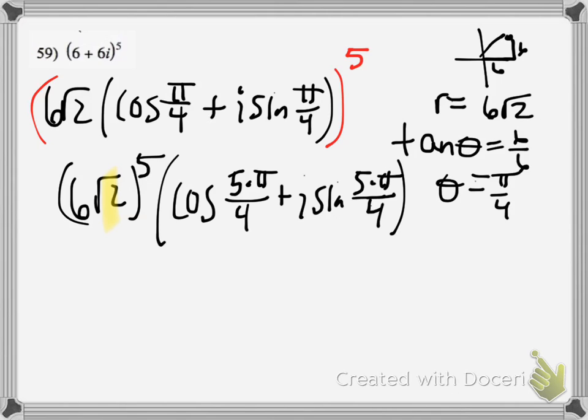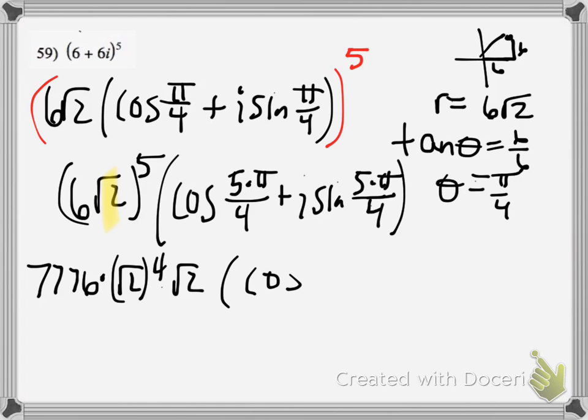And so what you do is you've got your 7776 times basically radical 2 to the fourth power times a radical 2, because you want that left over. And of course, that's still going to be times cosine of 5 pi over 4 plus i sine 5 pi over 4.